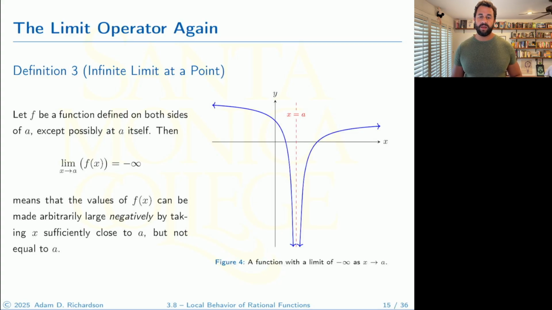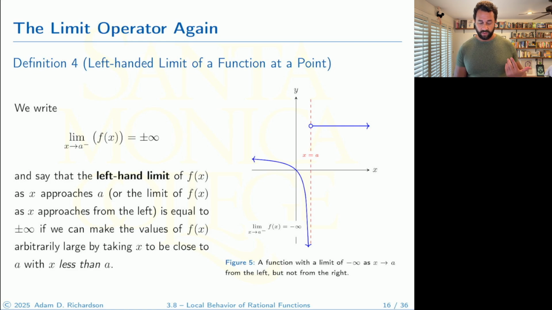But one thing I have to point out here is the behavior as we approach a point may not always be the same from the left and the right. So we need a way to specify that. When we just say that the limit as x approaches a is something, we're saying from both sides, from the left and from the right. But we can split that up into two possibilities. We have left-handed limits and right-handed limits, and they are exactly what you would think: approaching from the left or approaching from the right.